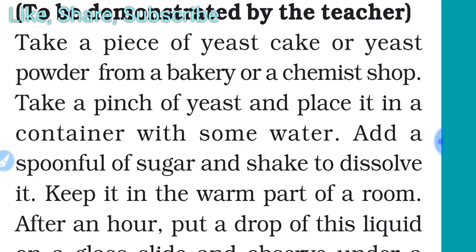You can purchase this from a chemist shop. Yeast is used in sweets and bakery products, and you can also make these at home by putting yeast in your dough.